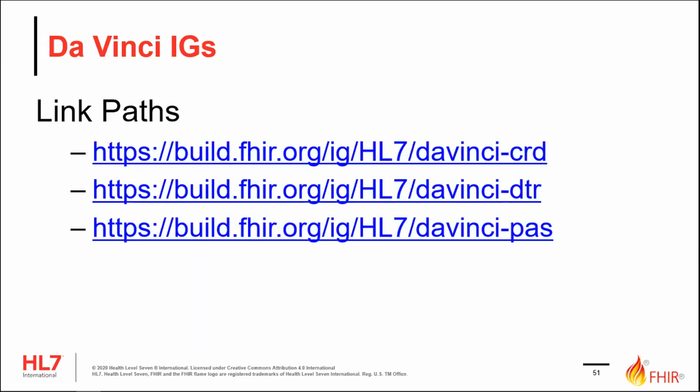They can be used independently, but they also leverage each other. And they in turn are based on a common implementation guide called HREX, which is used across all of Davinci, which in turn is based on US Core. So it shows you how you can use implementation guide approach to stitch together a solution and build it up and have things play nicely together.